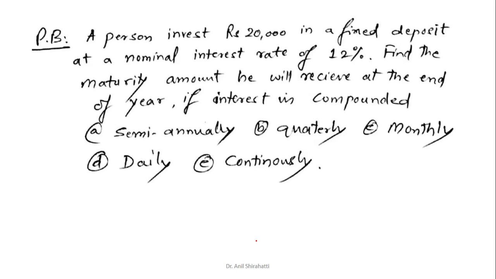The total amount he is investing is rupees 20,000, so P is given as 20,000. The nominal interest rate is given as 12%, so this is nothing but your r value. Now we want to find what is the future amount the person has to pay.